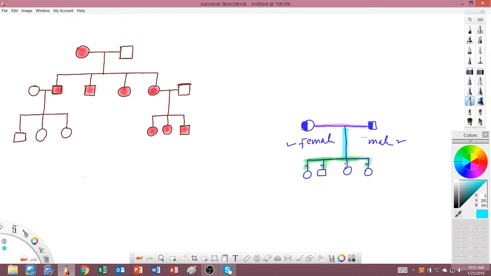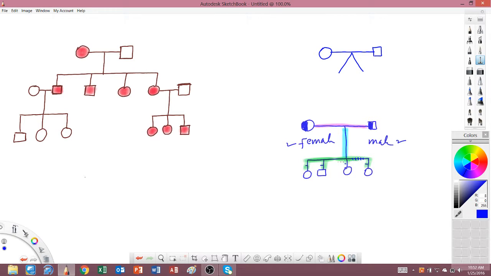But let's say we have something else. Here's a female. Here is a male. Now, if the origin is the same, like this, that means twins. You see here, the 2 children are separated by a horizontal gap.